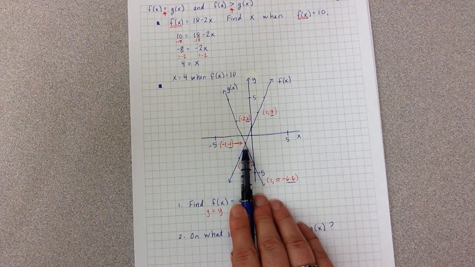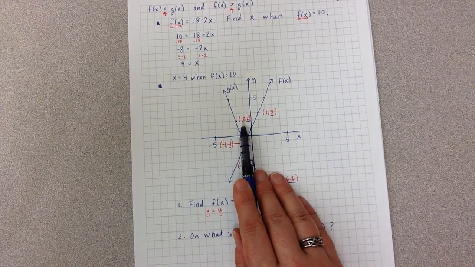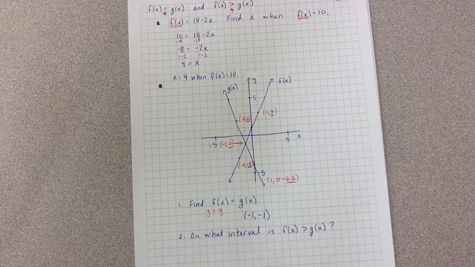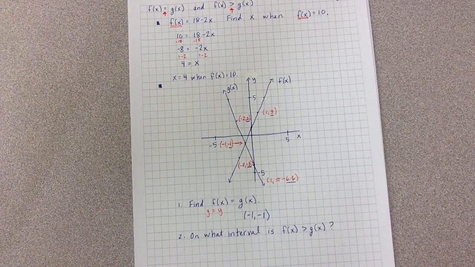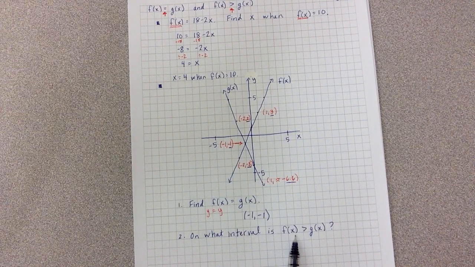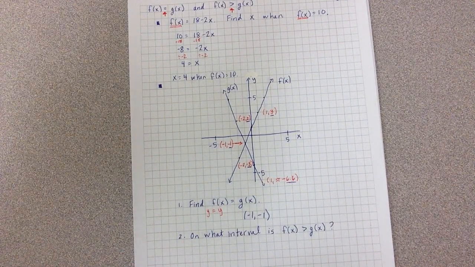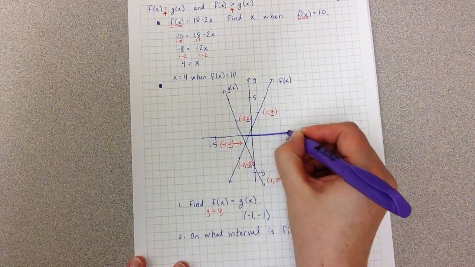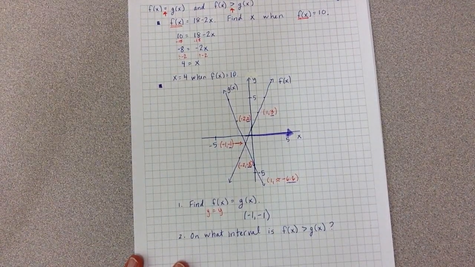To the left of this point, g of x is larger. To the right of this point, f of x is larger. So I need to go back and read which part they want, and they want when the f of x is larger. So that happens starting here and continuing on forever.